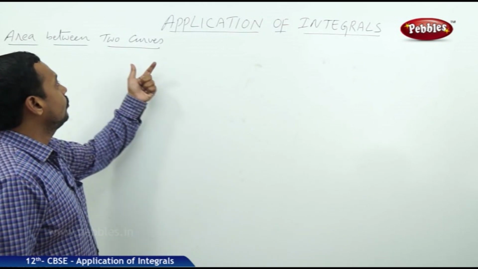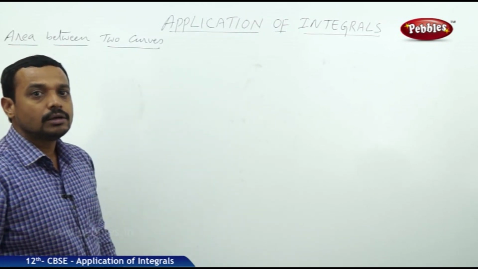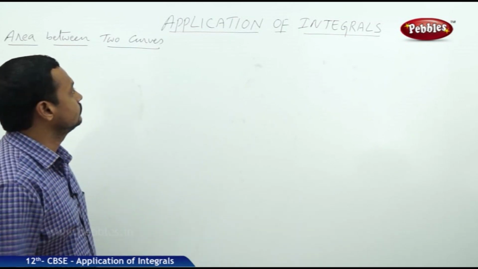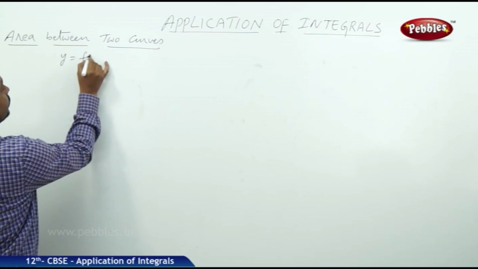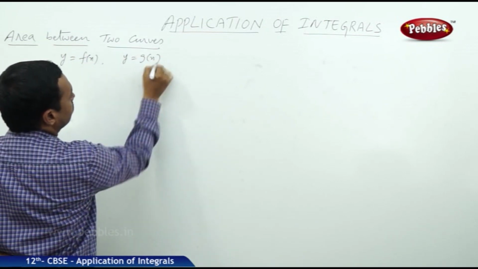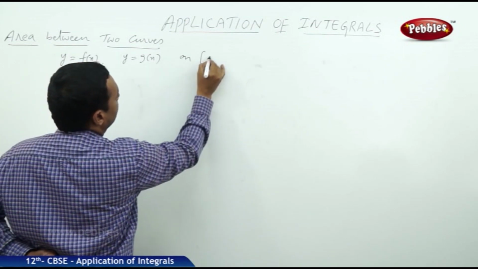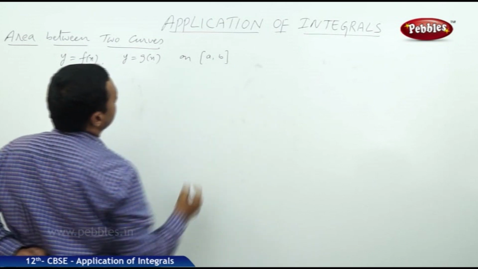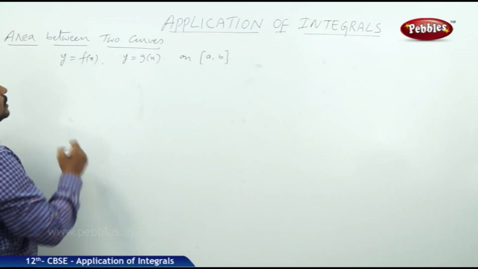Now we are going to find the area of the region bounded by two curves. Suppose we have two curves, y is equal to f of x and y is equal to g of x, on the interval a comma b, the two functions are defined on the same interval a comma b.